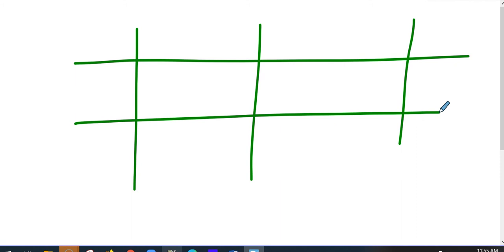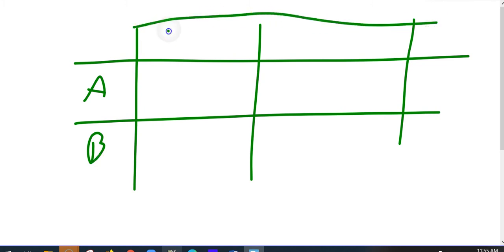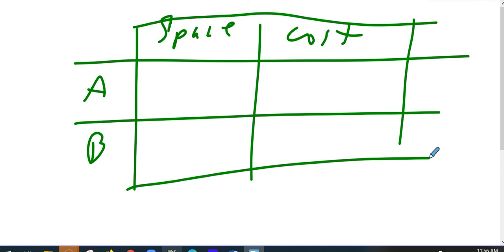So cabinet A, cabinet B. Space. Space is limited to 60 square feet.